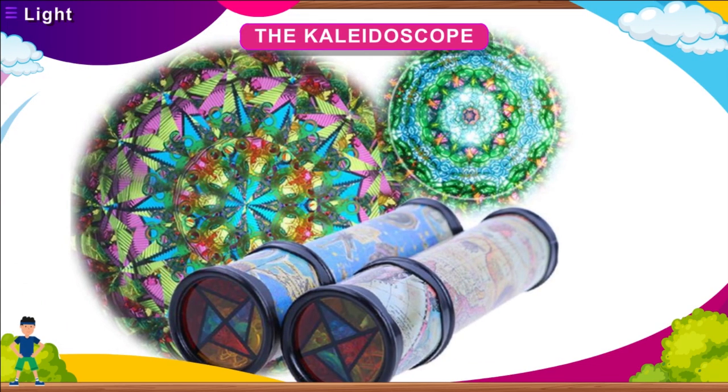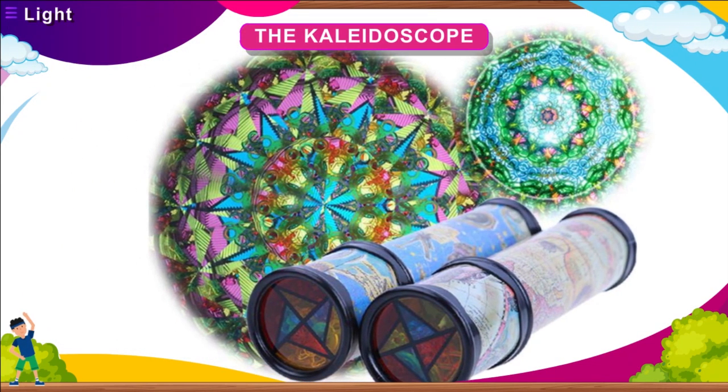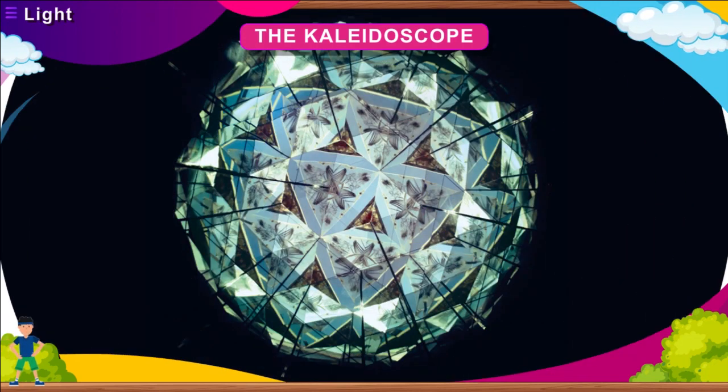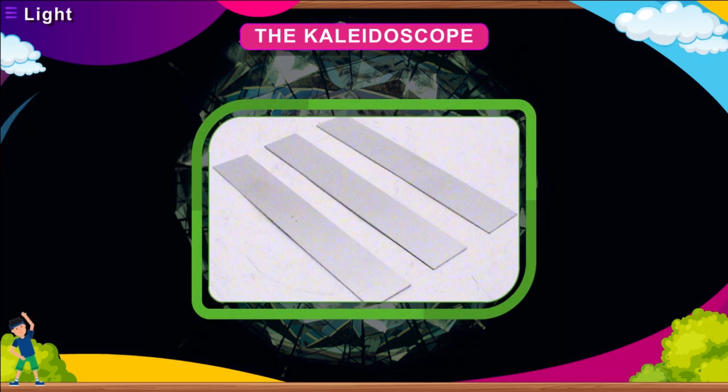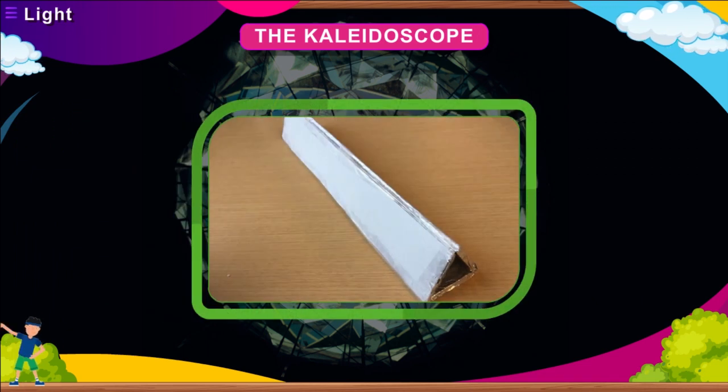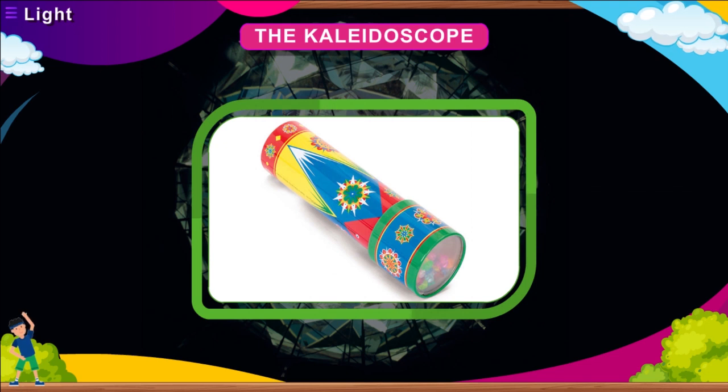The kaleidoscope. The principle of forming multiple images by mirrors at an angle to each other is used in kaleidoscope. It consists of 3 plane mirrors inclined at an angle of 60 degrees to each other. The arrangement is kept in a cylindrical cardboard box with a few pieces of colored glass at one end.